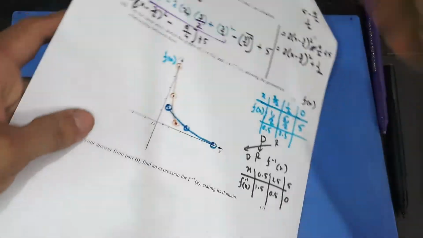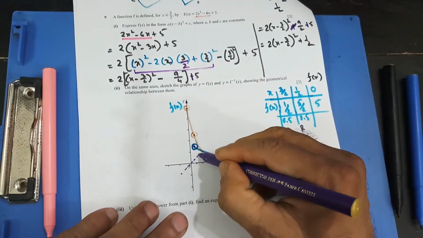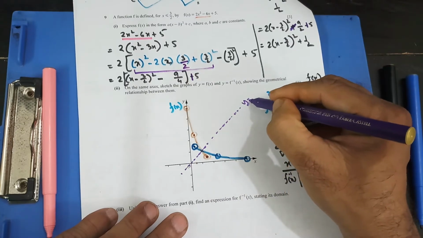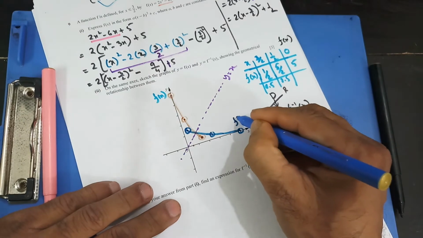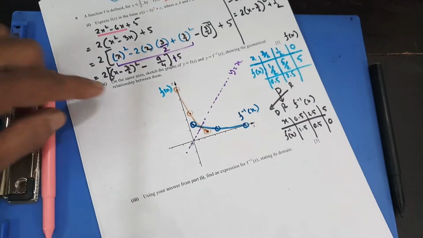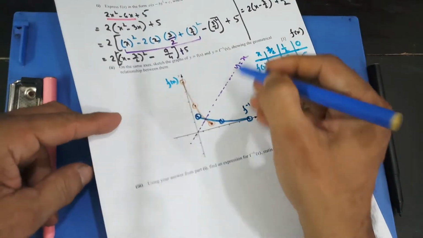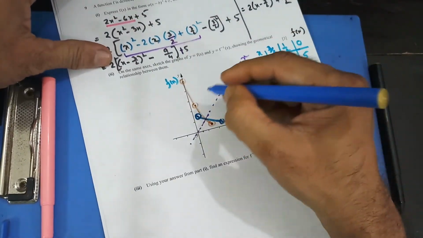When I draw that, it's actually the reflection on the line y equals x, and this is my inverse function of x. Okay, so this one is done. The geometrical relationship between them is that it's reflected, showing this is my worked answer.